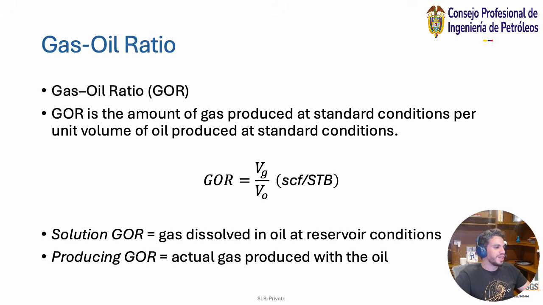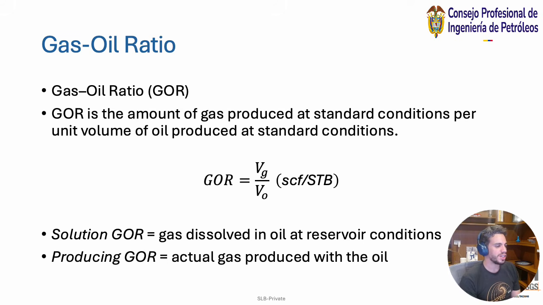So it's the amount of gas produced at standard conditions per unit volume of oil produced at standard conditions. Here we're looking only at standard conditions, and in physics or in math, when we say standard conditions, we're referring to atmospheric pressure, I think 22 degrees Celsius, and so forth. Also when we're talking about standard conditions, it's with respect to that ideal gas law equation, right?